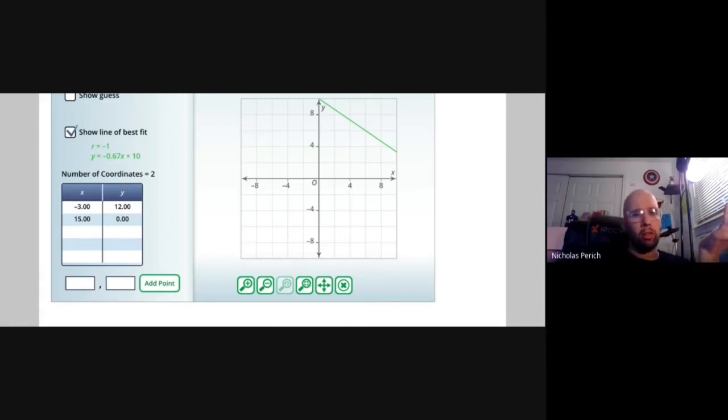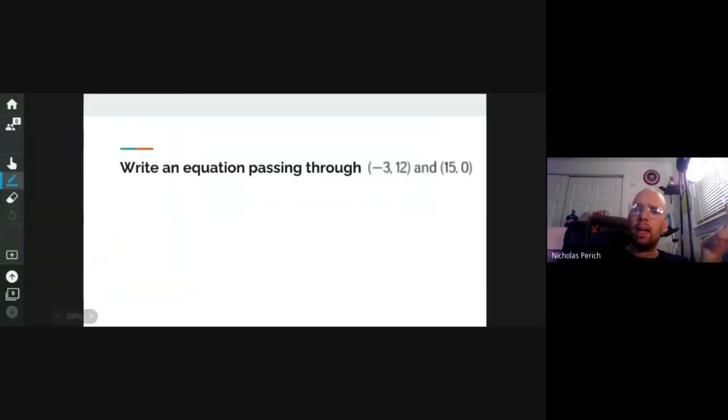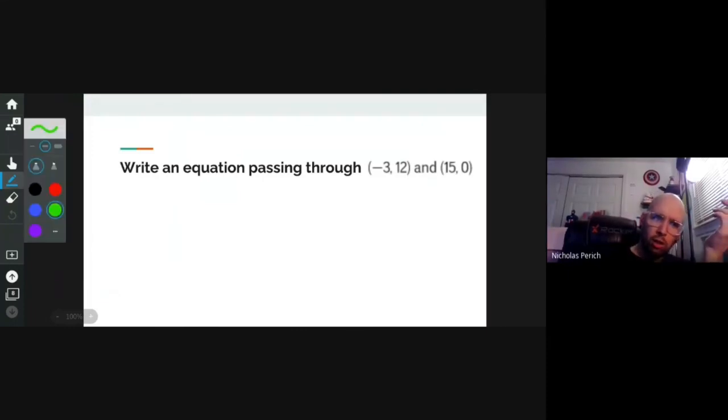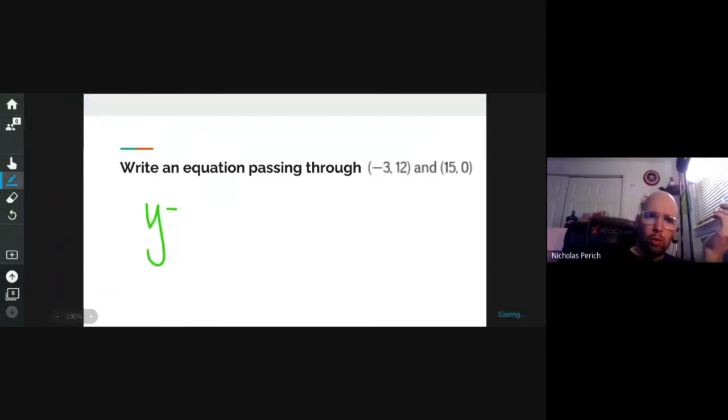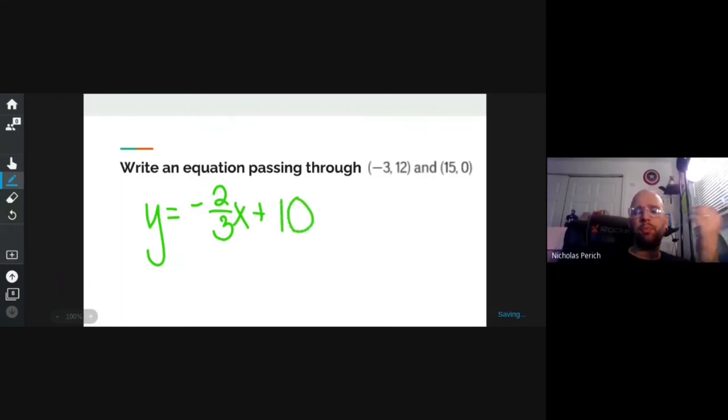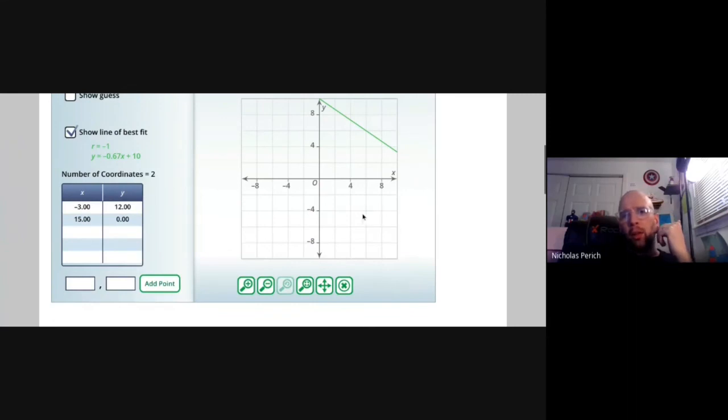2/3 is the slope. Good. So I'm going to change this to y equals negative 2/3 x. What was it? Plus 10? And I think if all else failed, right, and I'm going to go back to the website, if all else failed and I really needed to find out what the slope was, look at that point right there and look at that point right there.